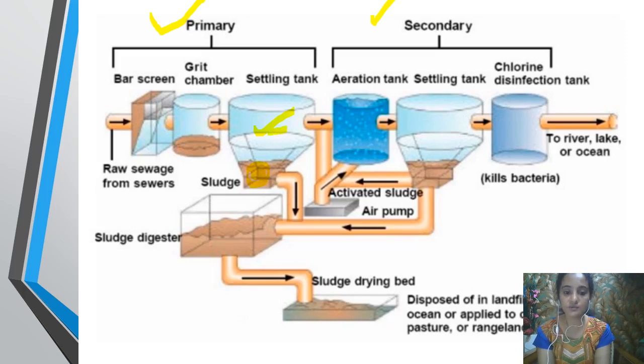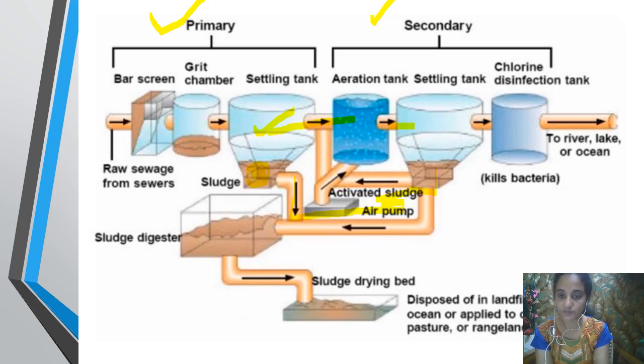Now this is transferred into the aeration tank, and in the aeration tank the organic content will get digested, and then it comes into another tank, the settling tank, where a little bit of activated sludge will be pumped back into the aeration tank, and the other activated sludge, we will use some microorganisms, bacteria and fungi, to digest it, and we will get the water effluent.